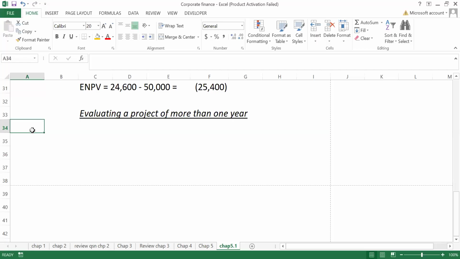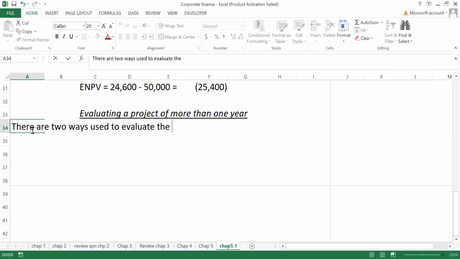So there are 2 ways used to evaluate a project which is more than 1 year.